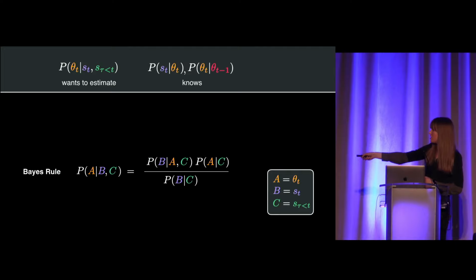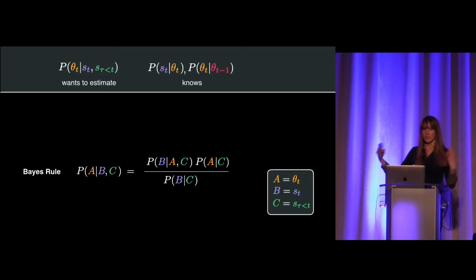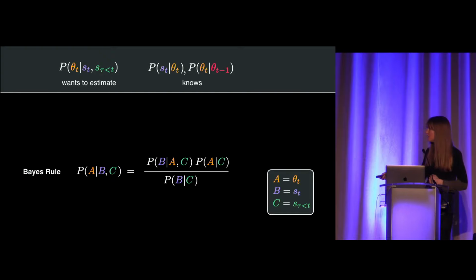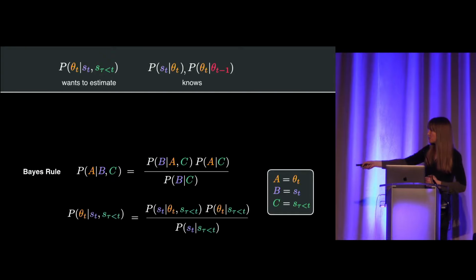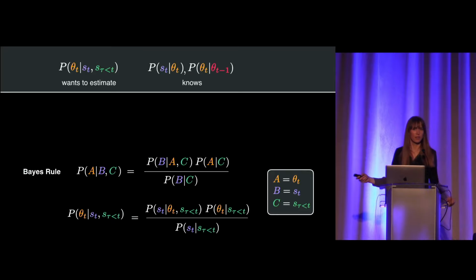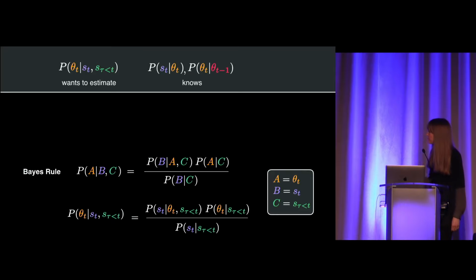So if we let A equal theta t, B equal S of t, and C equal S of tau less than t, then we can write down an expression for what we want. This is the quantity that we want to estimate in terms of other distributions. And what we'll be doing over the next few slides is simplifying this expression so that we can get what we want in terms of things that we already know. Okay?